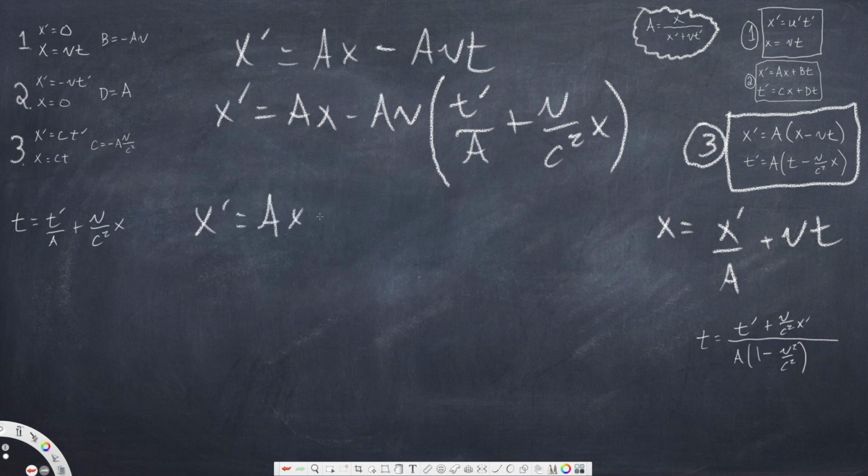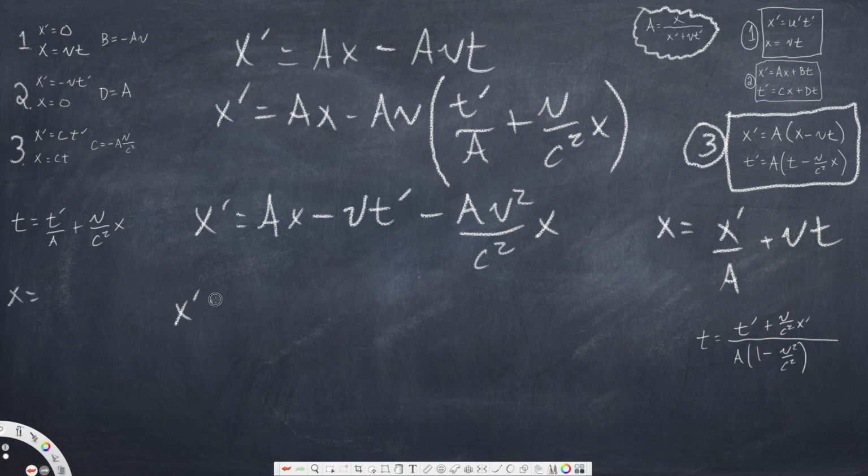If we distribute that through, we get negative, let's go negative v t prime minus a v squared over c squared x. We want to solve for x. That's our pattern. We want x here.